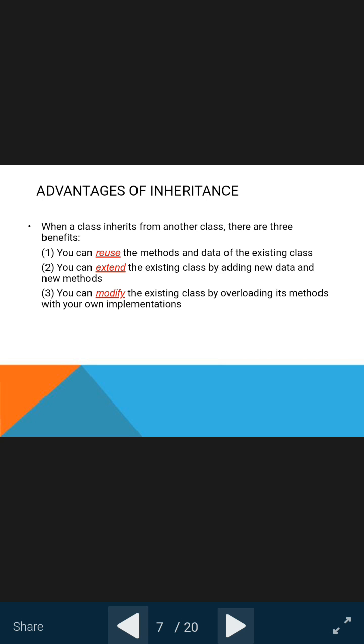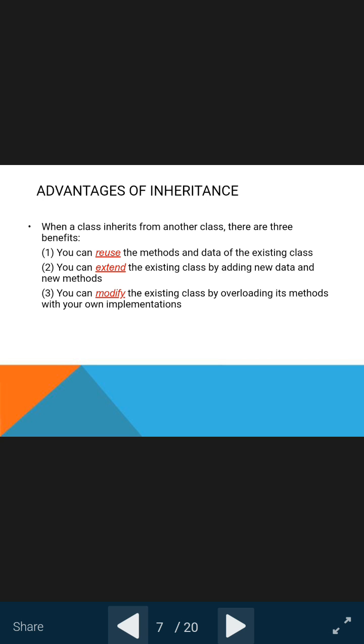The base class can have only the base class features, but the derived class extends the features of the base class. This derived class can have base class features as well as derived class features.